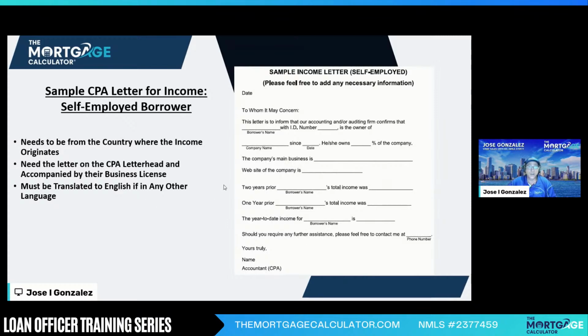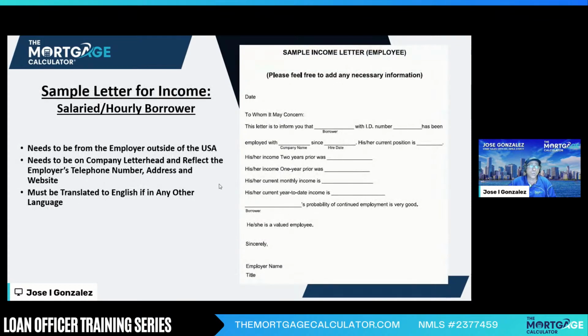Notice how this is very basic. This is the one we would send to the employee for a salaried borrower. No tax returns required, or the equivalent of W-2s from their countries either. So you see how that works out, right? And that was it. That is my last sample letter. I thought I had another one sitting there.